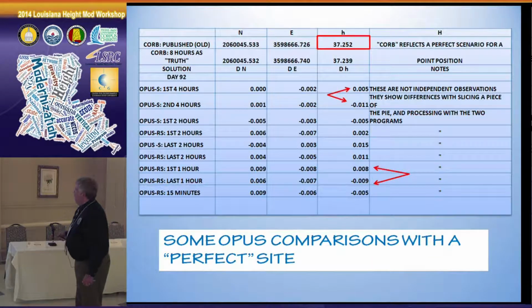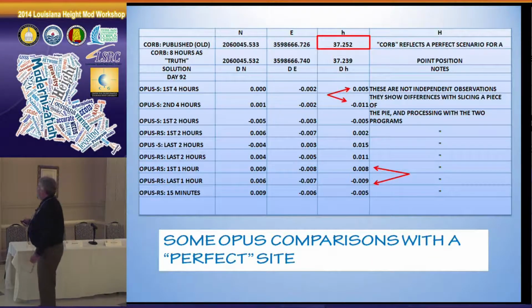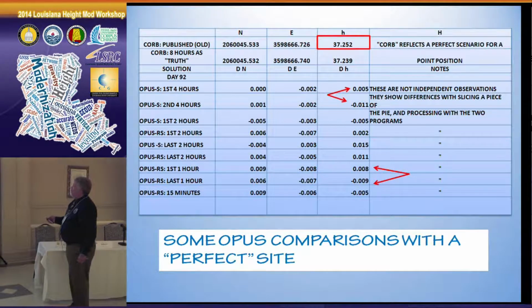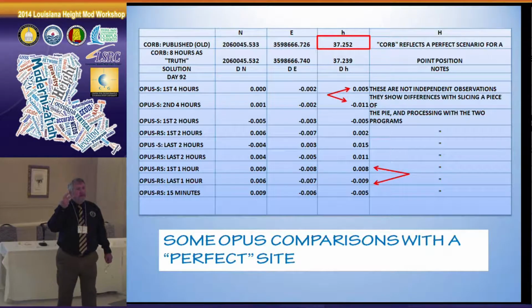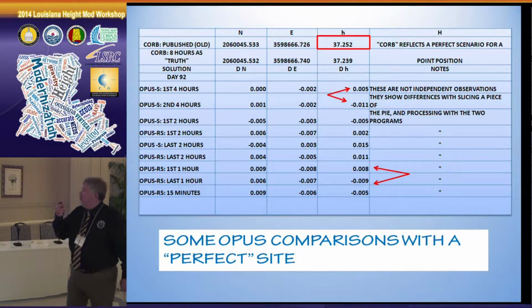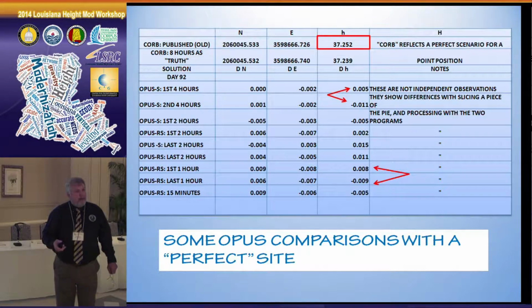And when you chop data up, you can see that this is OPUS Static the first 4 hours. This is OPUS Static the second 4 hours. You've got 2 centimeters difference between those 2 chops. The first 4 hours gives you one answer, the second 4 hours gives you another answer, and they differ by 2 centimeters.